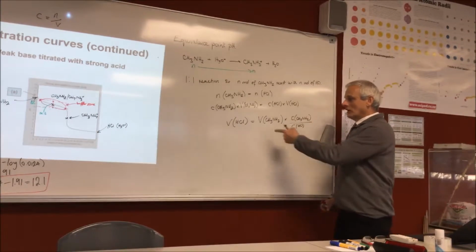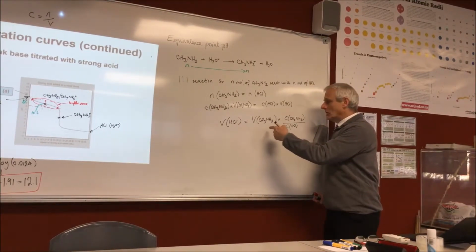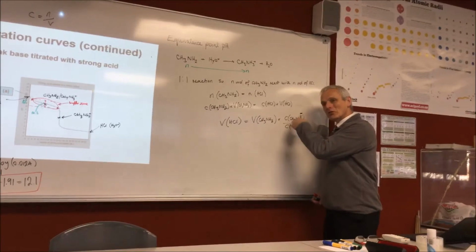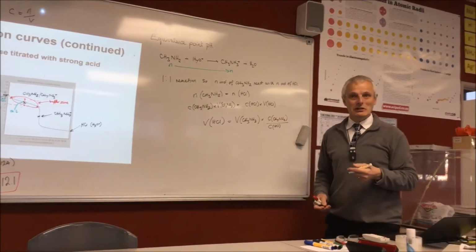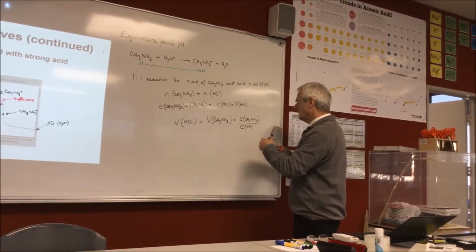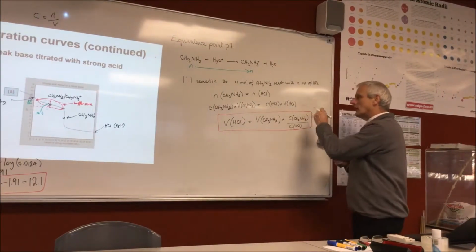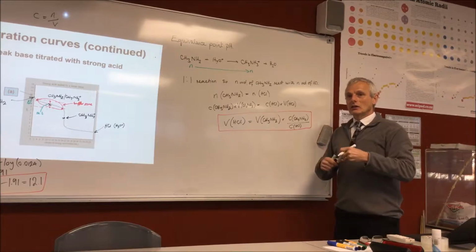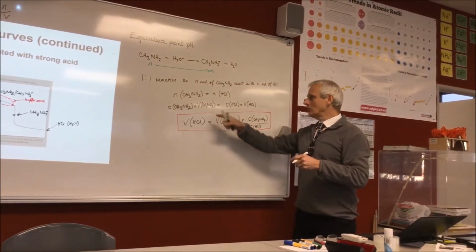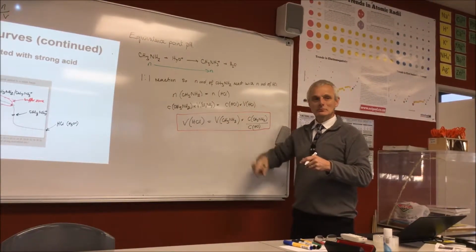So in other words, the two volumes are related to each other by the ratio of concentrations, which makes common sense, really. Yeah? So that's our equation that, if you want to, you can memorise and not work through it. I like that. Or you can work through it.